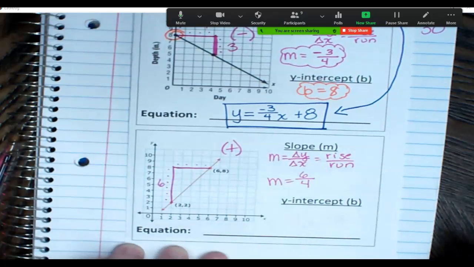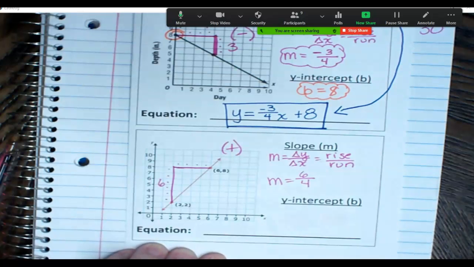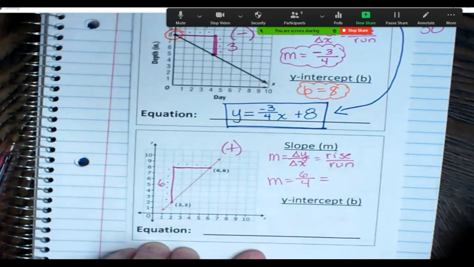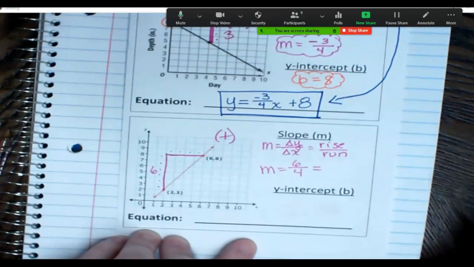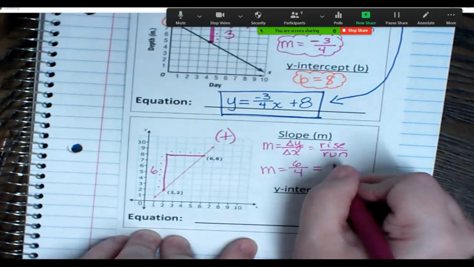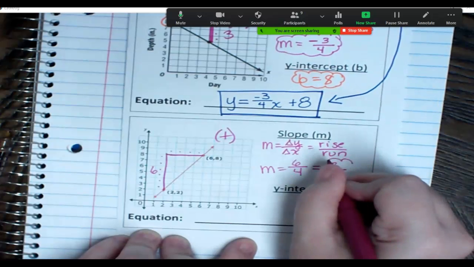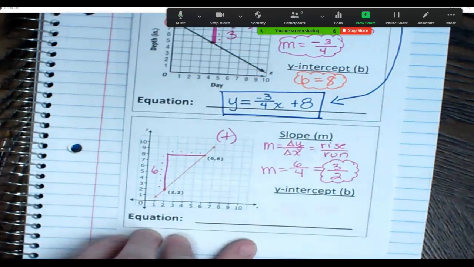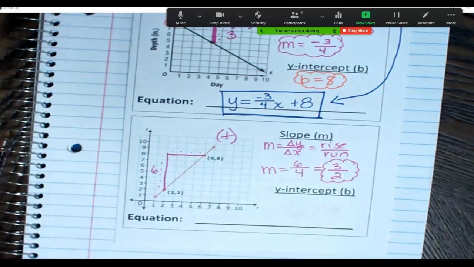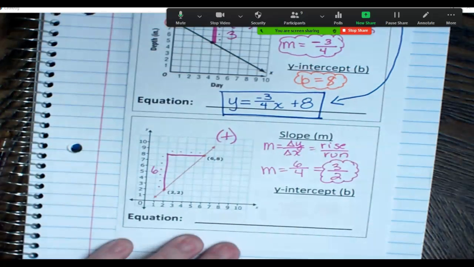Is that my slope? 6 over 4? No, why not? I counted rise and run. Simplify. Very good. Always simplify. What can I divide by? 2. What's 6 divided by 2? 3. And 4 divided by 2? 2. So my slope is a positive 3/2.